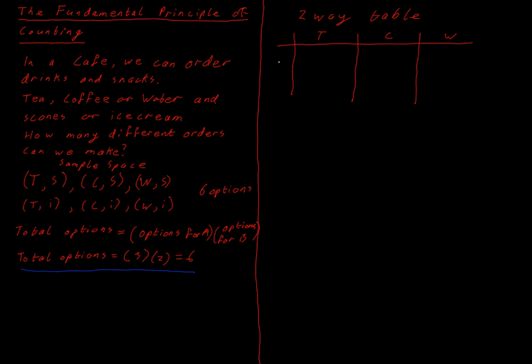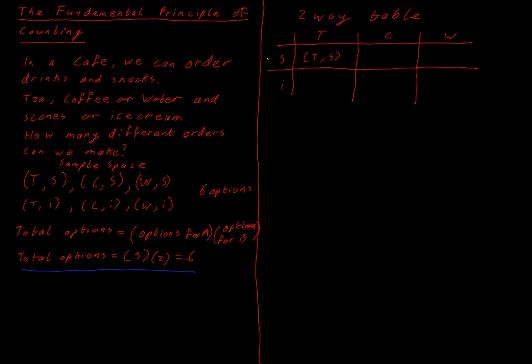And our options for our snacks, our scones and our ice cream, would go along the side. Now we have a table, and in this part of the table, we'd say that we were picking tea and a scone. Here we would have coffee and a scone.